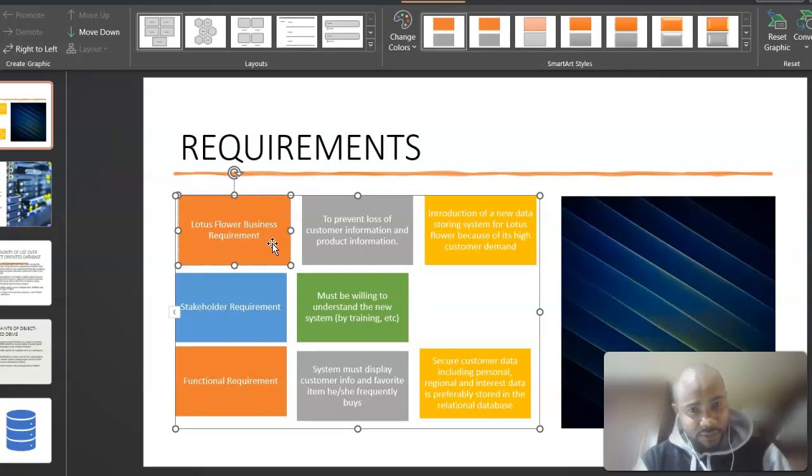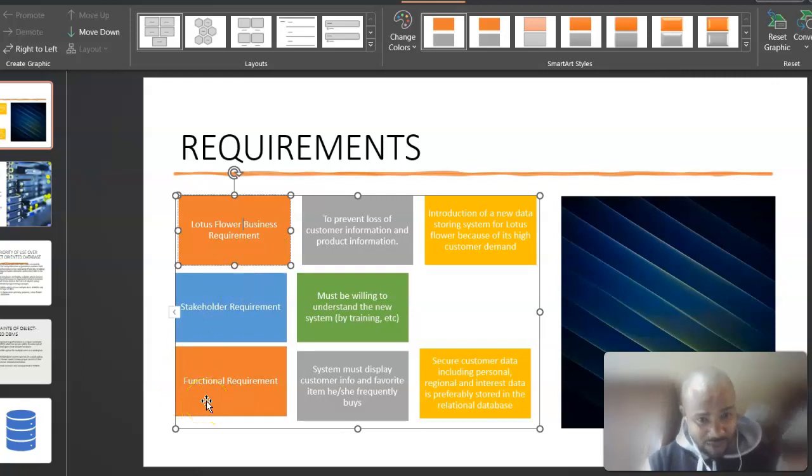They are also trying to introduce a new data storing system for Lotus Flower because of its high customer demand. The stakeholder must be willing to understand the new system coming into play to replace the old system. So they must be willing to adapt to the new system.